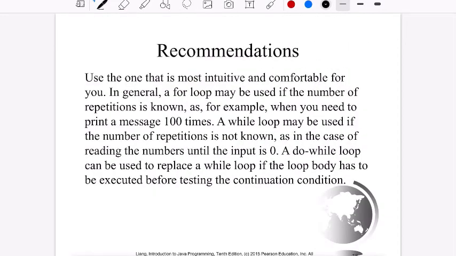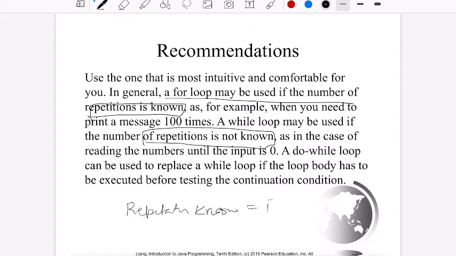Recommendation. In general for a loop, if the number of repetitions is known, for example when you need 100 times, a for loop is used. A while loop may be used if the number of repetitions is not known. Keep in mind, if the number of repetitions is known, you use for.